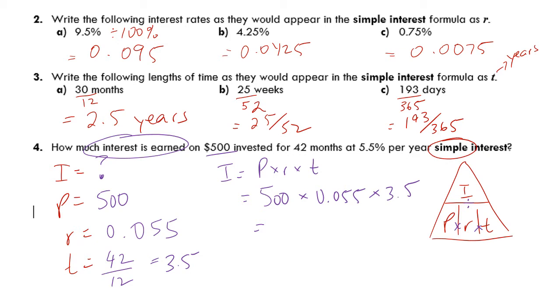I get $96.25. So therefore, the amount of interest earned is $96.25. So there's our first simple interest example.